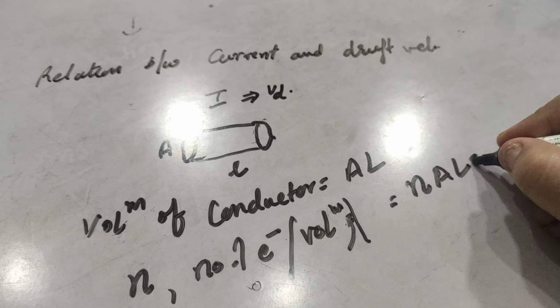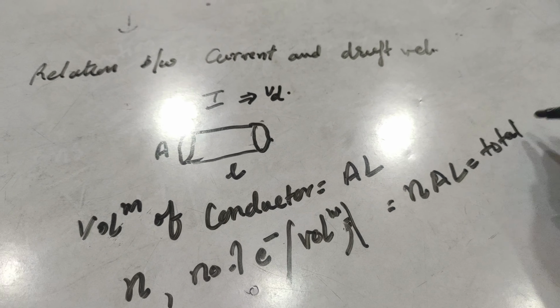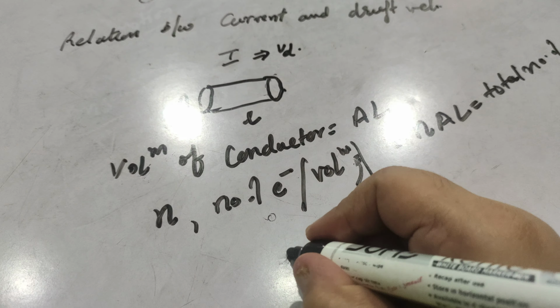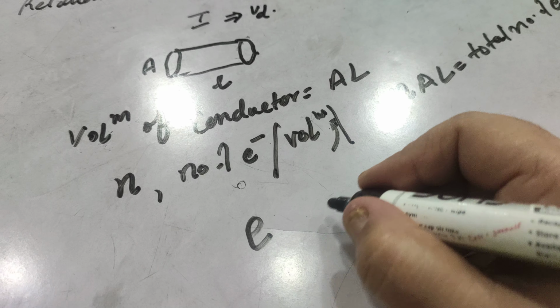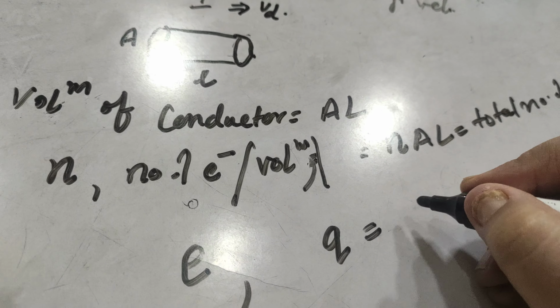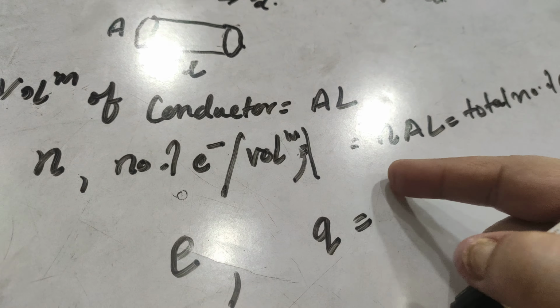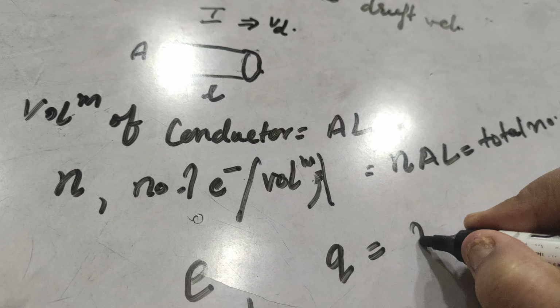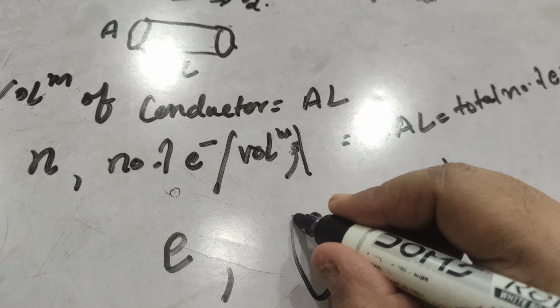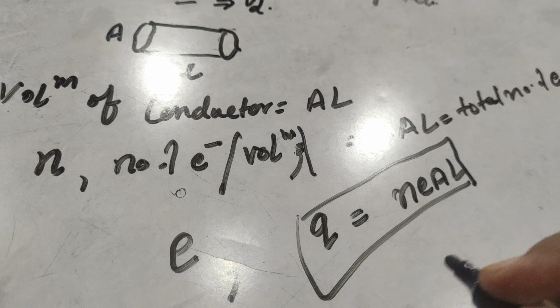Now let us suppose e is the charge on a single electron. Then total charge inside the conductor will be the number of electrons into the charge on an individual electron. That is equal to neAL. So we get the value of Q, which is neAL.